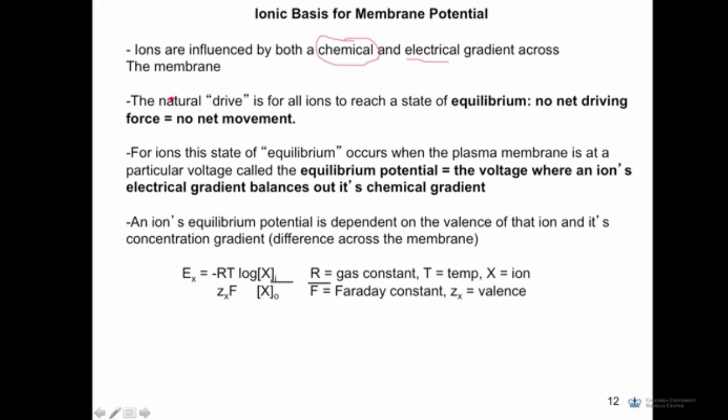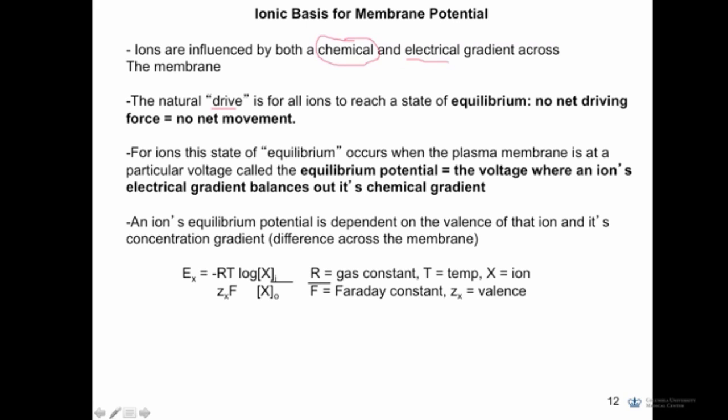So for all of these ions, the natural drive is to reach a state of equilibrium, meaning that there's no net driving force. Okay, there's no driving force for movement. And as I talked about in class, your cells are not actually in equilibrium, because a state of equilibrium actually means the cells are usually dead.